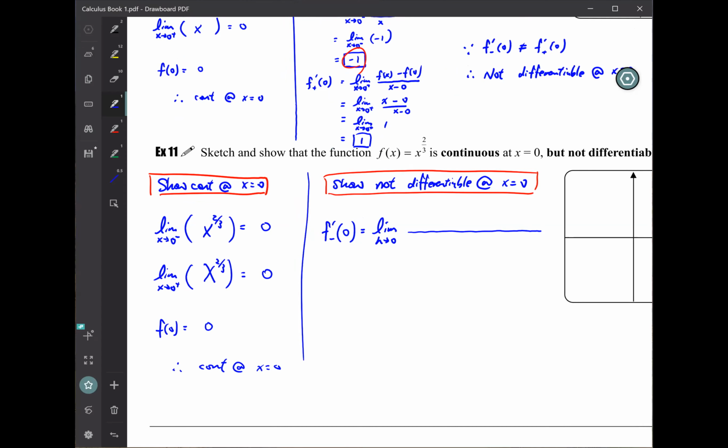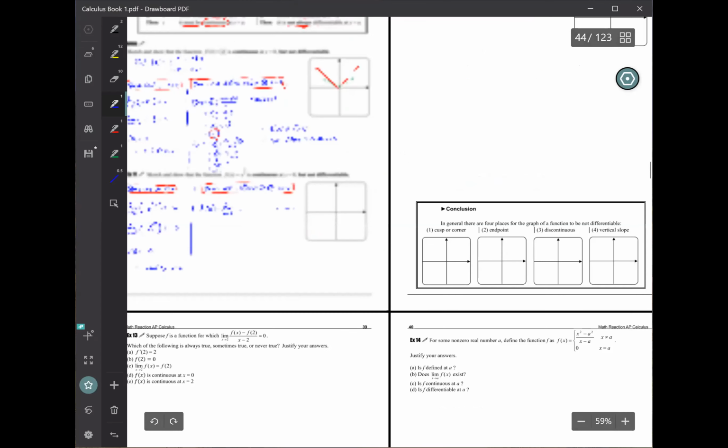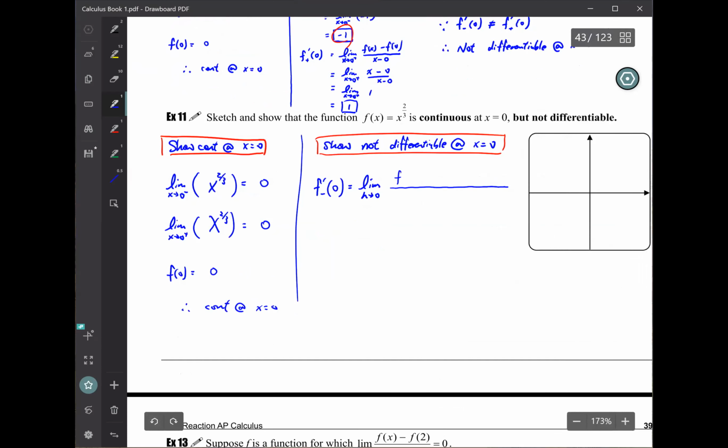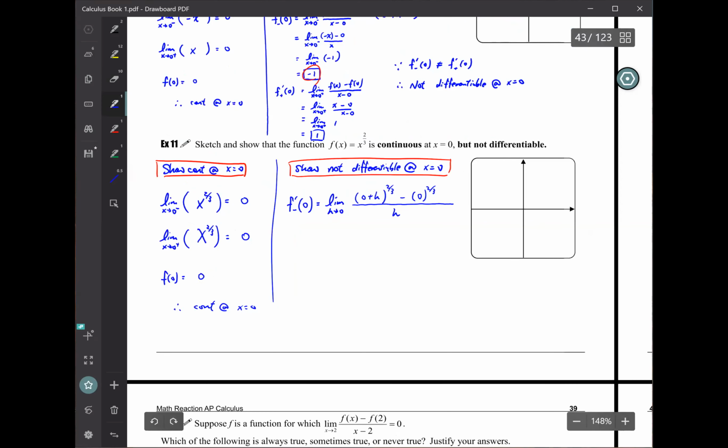Is it a plus h to the power of 2/3? And what's the a here? 0. Yeah, so 0 plus h to the 2/3, minus 0 to the 2/3, and then all over h. Very good.